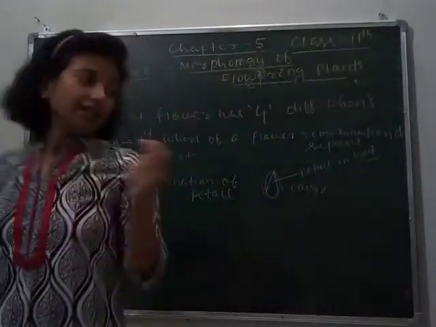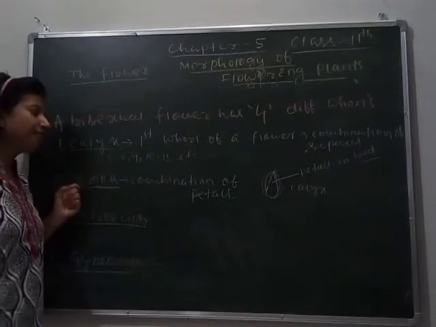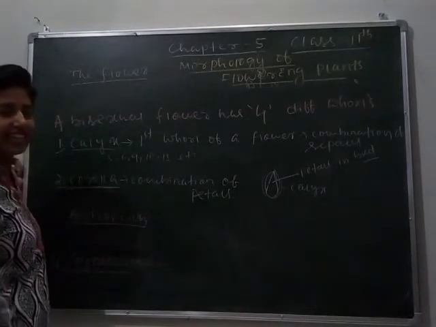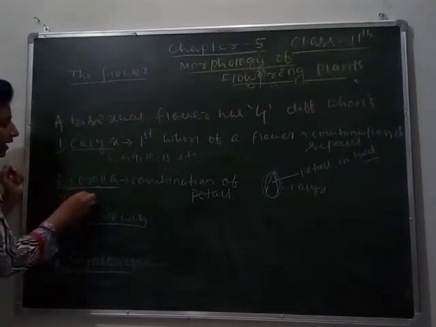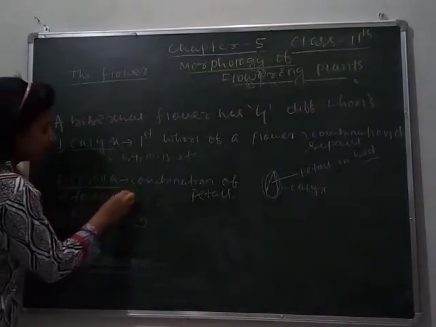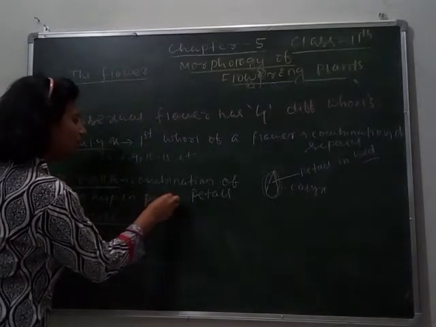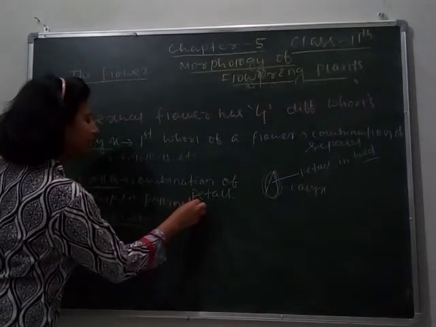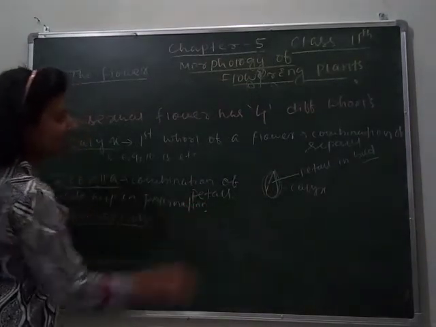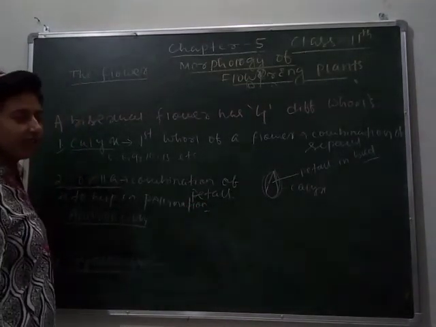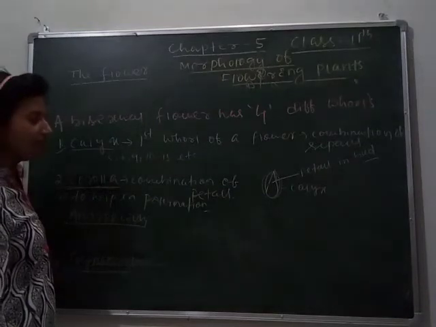That's why the function of corolla, which is the combination of petals, is to help in pollination due to its bright color and good fragrance. So it helps in the pollination and which further helps in the fertilization.